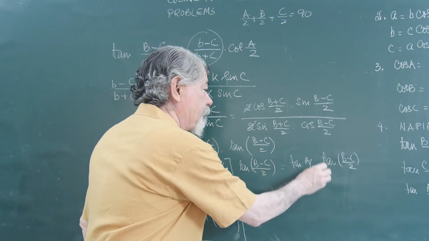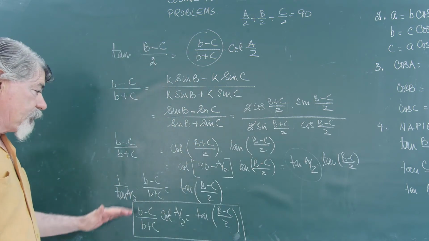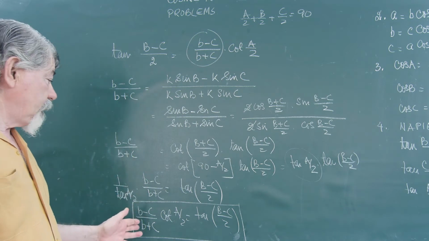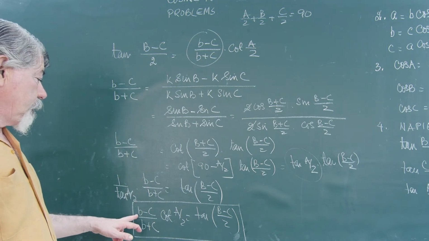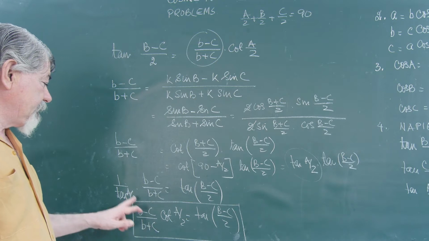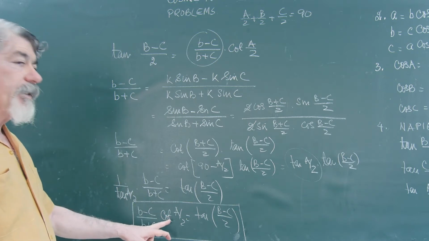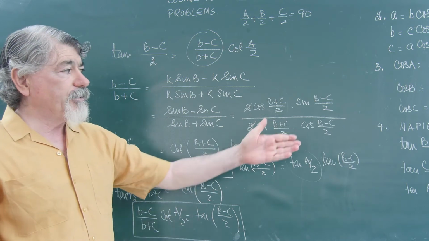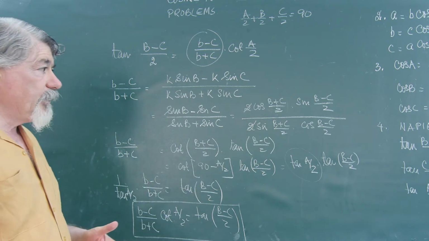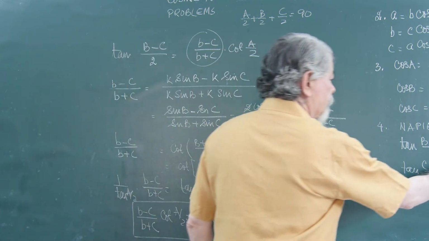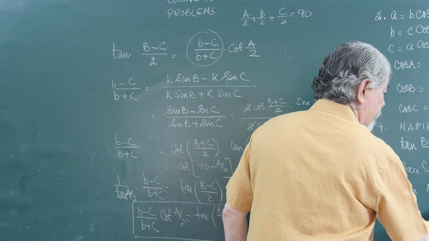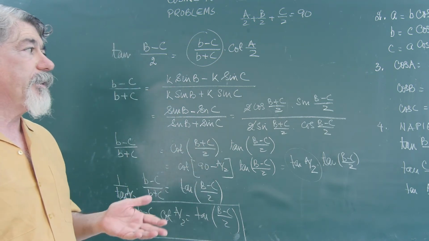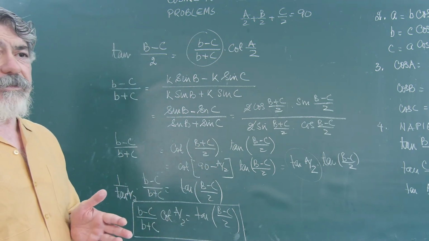Now this tan(A/2) I'll bring to the left side, it will become 1 upon tan(A/2). So (b−c)/(b+c), and 1 upon tan(A/2) will become cot(A/2), is equal to tan((B−C)/2), which is the first formula. Similarly, on the basis of that, you can use (c−a)/(c+a) and (a−b)/(a+b), and then you can find the corresponding law of the tangents.